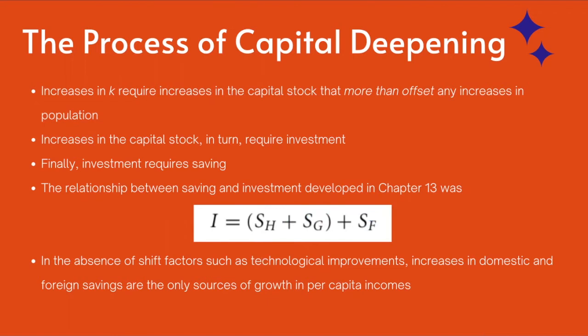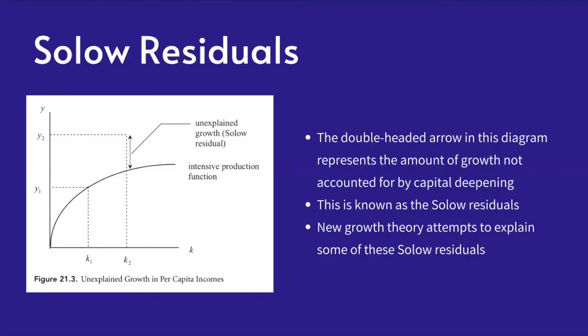In the absence of shift factors such as technological improvements, increases in domestic and foreign savings are the only sources of growth in per capita incomes. Solow residuals. As presented in Figure 21.3 right here, the Solow model leaves a lot to be explained.